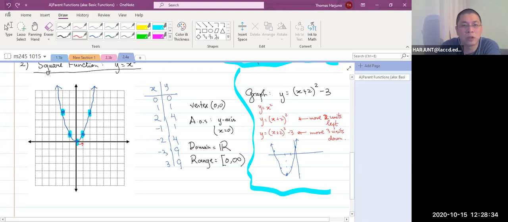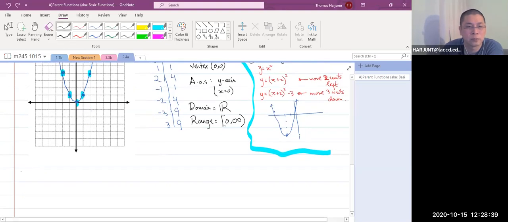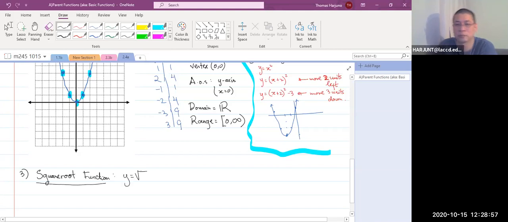Okay, now the third one is the square root function. y equals square root of x.